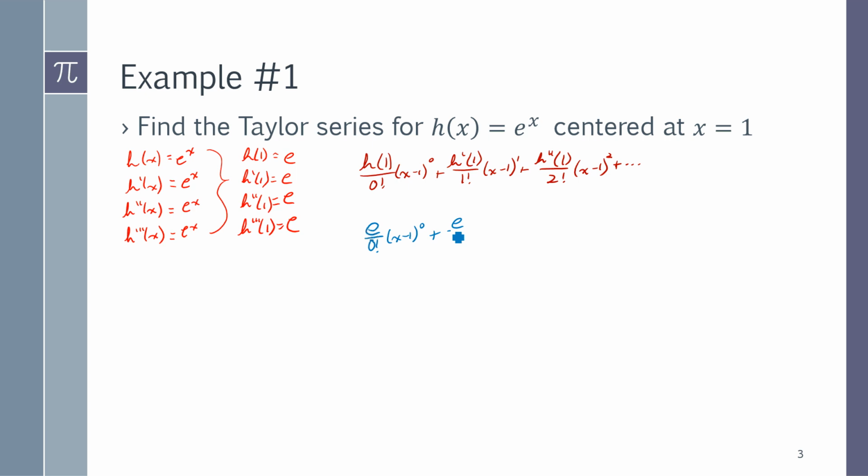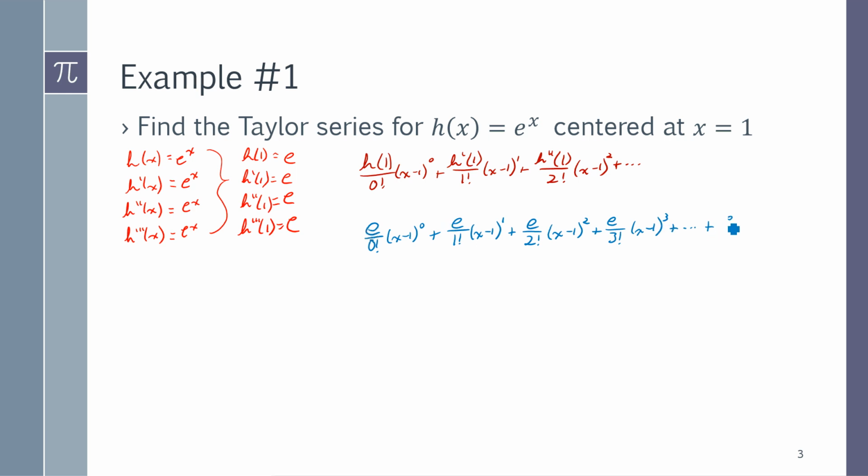And plus e over 1 factorial times x minus 1 to the first, plus e over 2 factorial times x minus 1 to the second. Going out to a third derivative here, e over 3 factorial times x minus 1 to the third. And I'm now feeling pretty confident I can see a pattern.